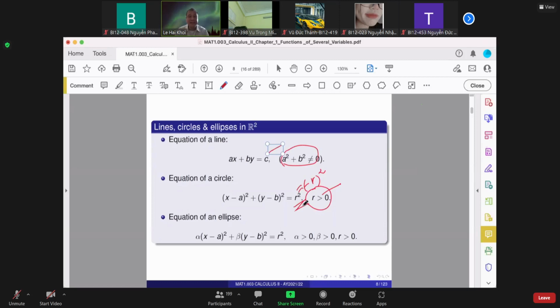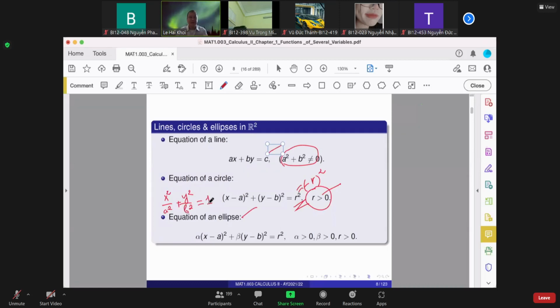More complicated is the equation of an ellipse. Usually, you have x squared over a squared plus y squared over b squared is 1, right?